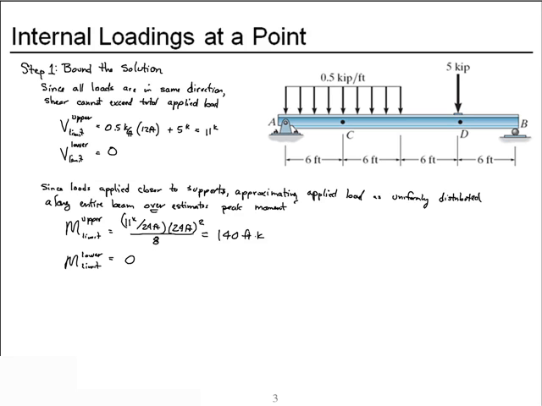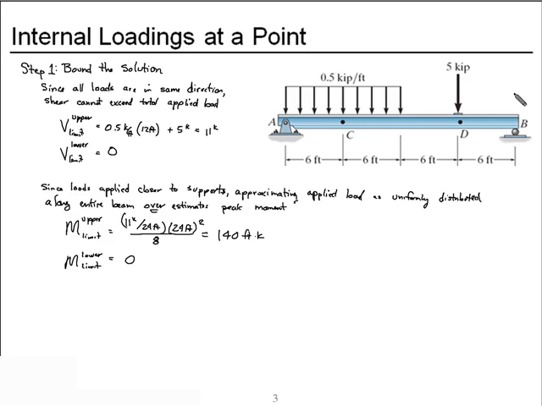To get the limits on moment, we know that the minimum moment is 0, but to get the upper limit, or the maximum moment, we took the actual applied loads, added them all up, and then distributed them uniformly across the simply supported beam. We used our knowledge of uniformly loaded simply supported beams to get the peak moment.